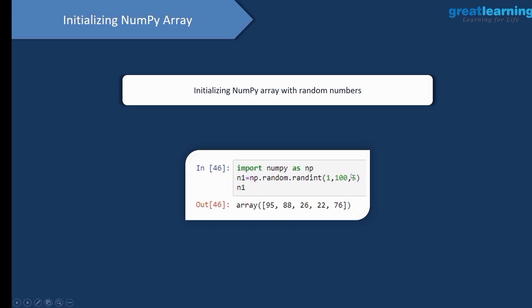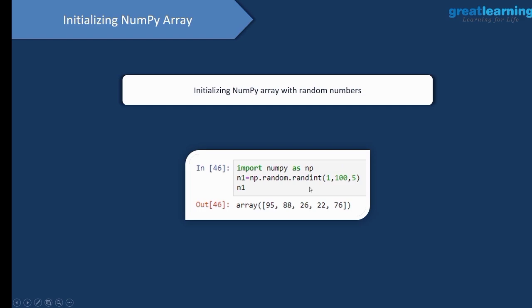So you've got 3 parameters. First is where the list starts, or basically your initial value to choose from, and then you'll give in the upper limit. So you've got the lower limit, you've got the upper limit, and from this range you will give in the number of values you want. So I want 5 values within the range of 1 to 100, and you get 5 random integers between 1 to 100.